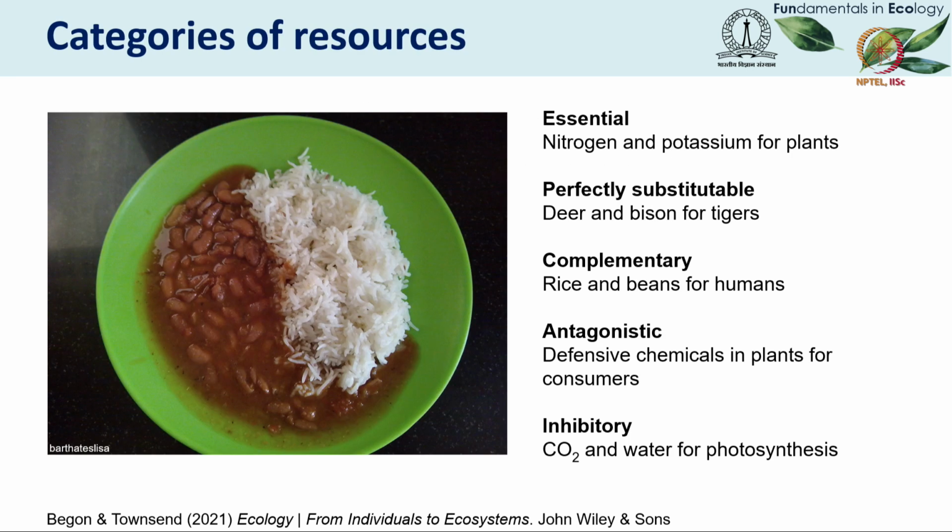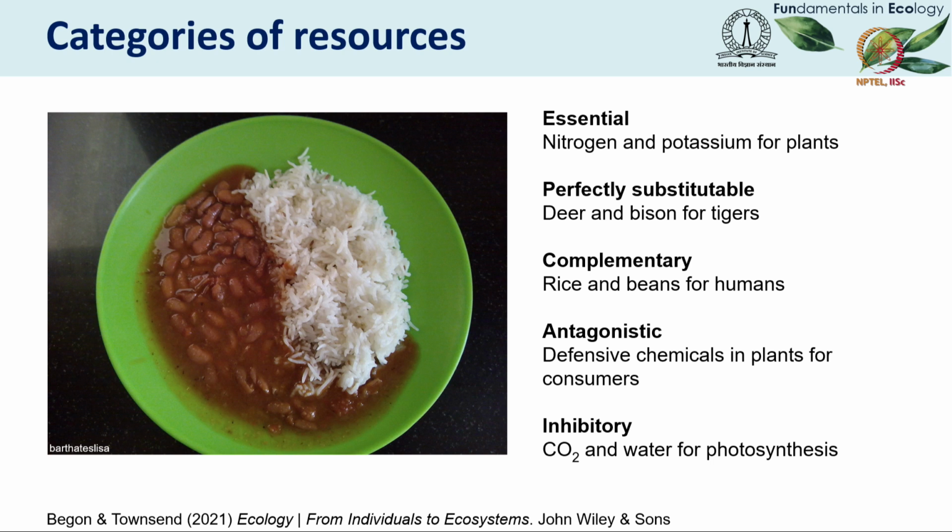Now, resources can be defined and described in various ways. So there are categories of resources. Essential resources are resources without which a species or an organism cannot exist. That essential resource is necessary for that species to survive, to reproduce, to grow.